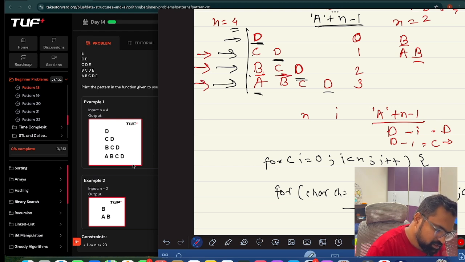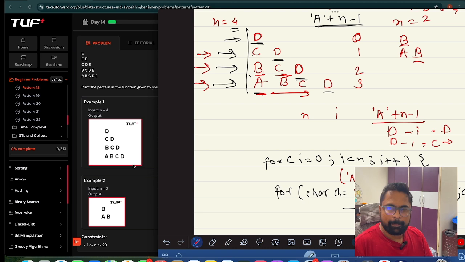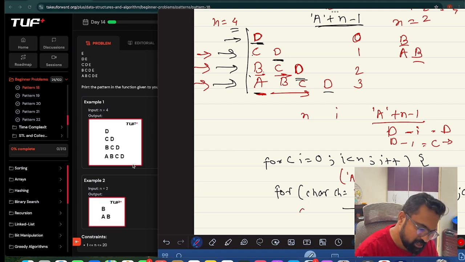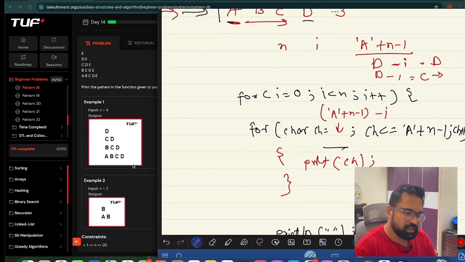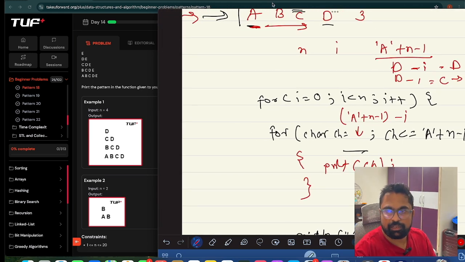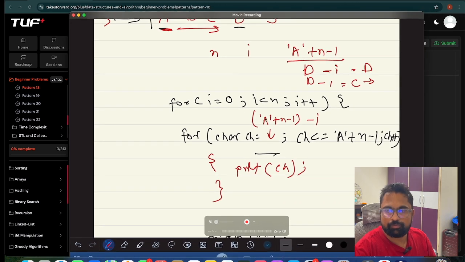And in this case, D minus 3 is nothing but A. We have to run the loop from A to D. So can we say A plus n minus 1 minus i can be the starting point? Yes, we can say that. And inside that we will print ch, and close this for loop. So this is our pseudocode for this particular problem.